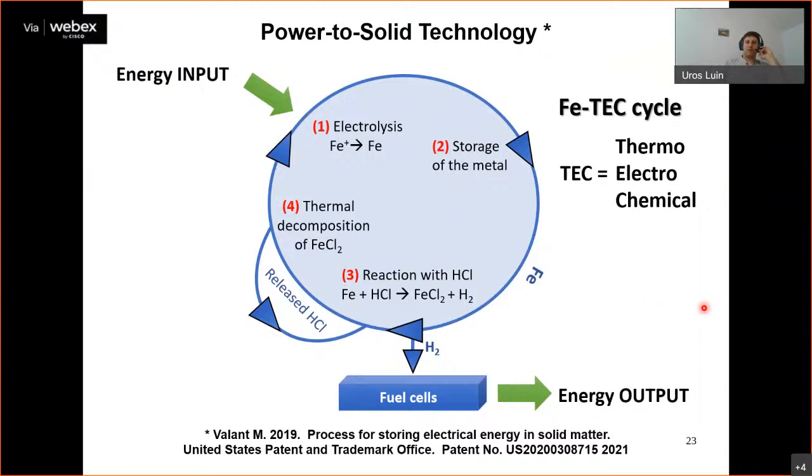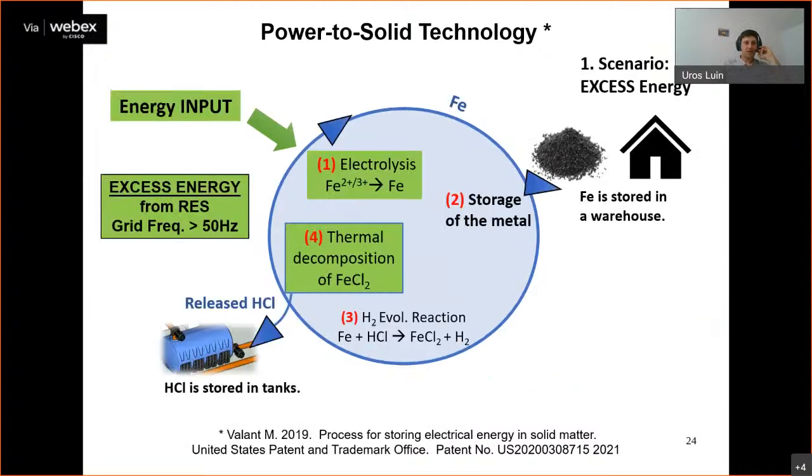The scenario when we have excess energy, and the scenario when we have demand for electricity. So let's reveal this. We have, let's say, noon. The sun is shining. We have also wind, so there is a surplus of energy. What we do, we just use this excess energy to electrolyze iron that is in higher oxidation state.